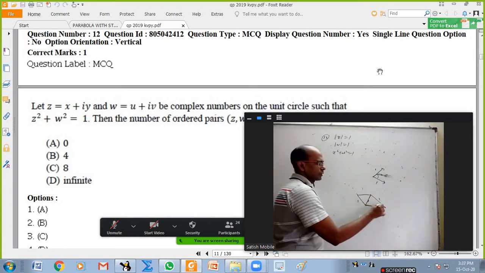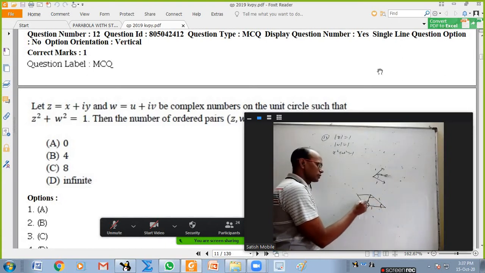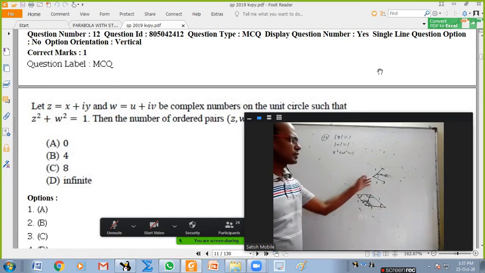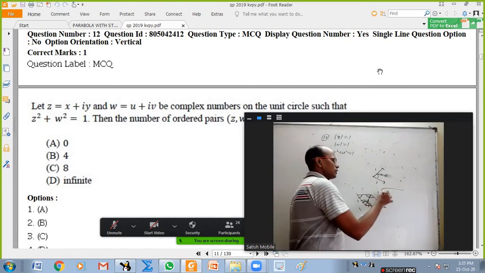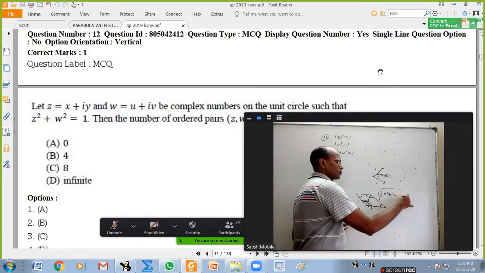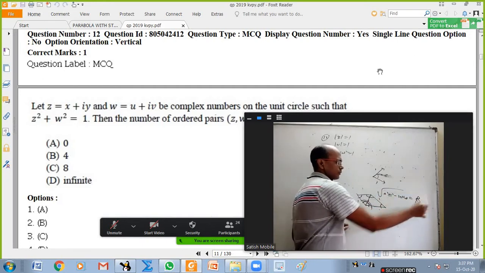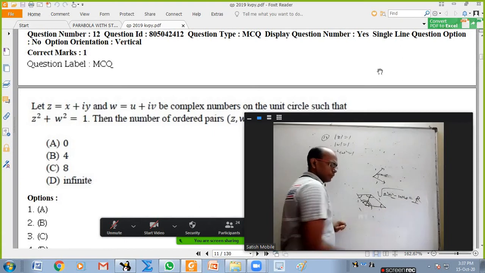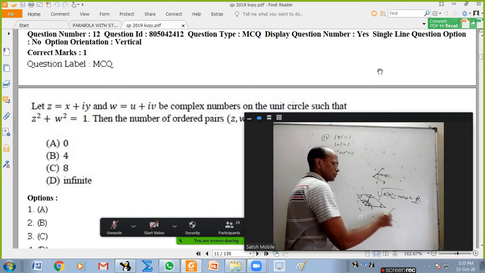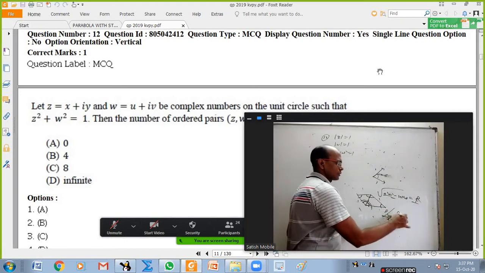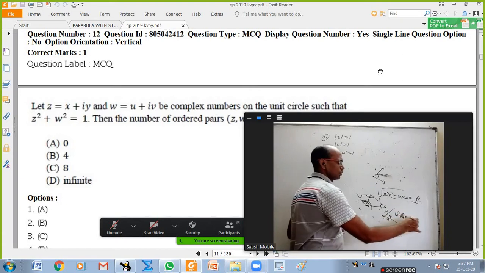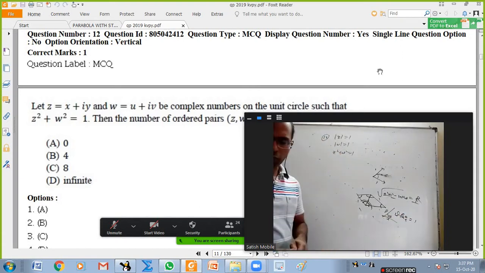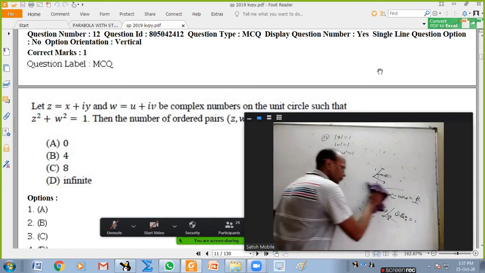This is an equilateral triangle, so this is 60, 60, 60. This is 60, this is 60, so this will be 120. Our resultant formula is root over a square plus b square minus 2ab cos theta. Or if two vectors are L and this angle is theta, the resultant is 2L cos theta by 2 equal to 1. Either way, you'll get 120.